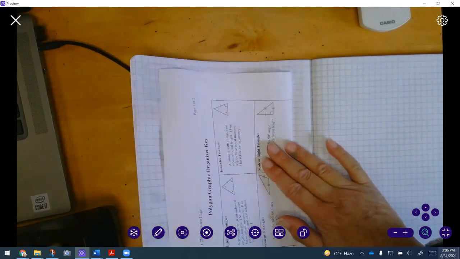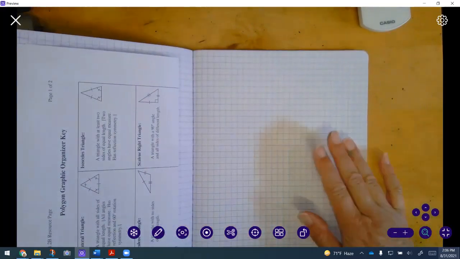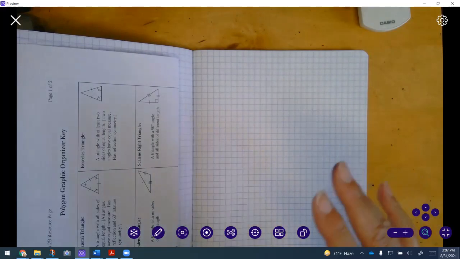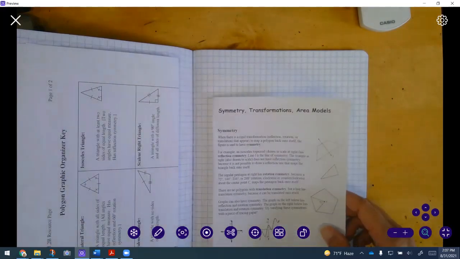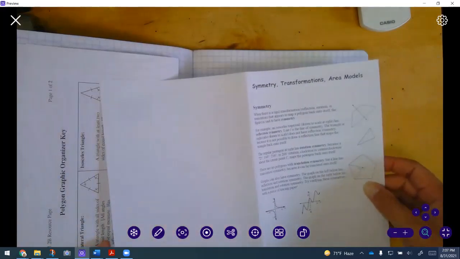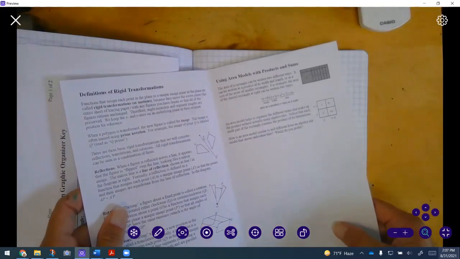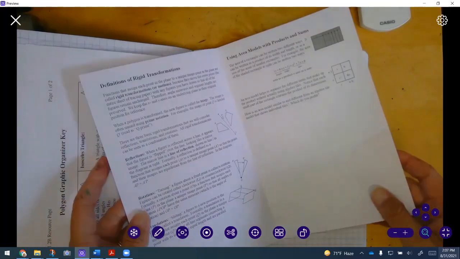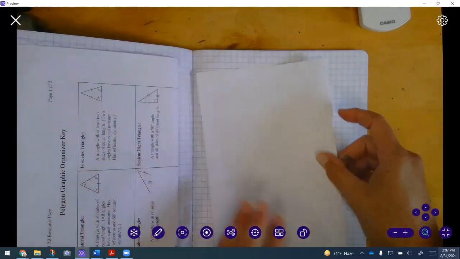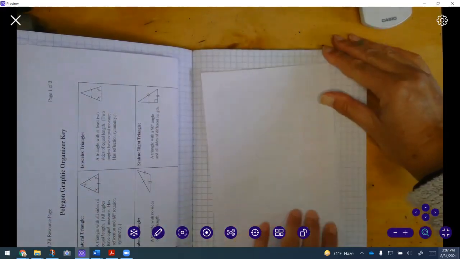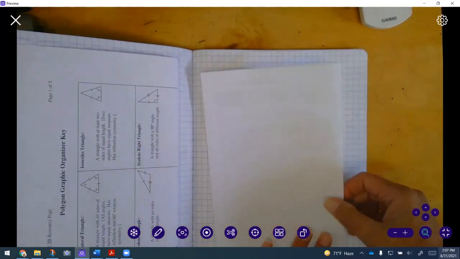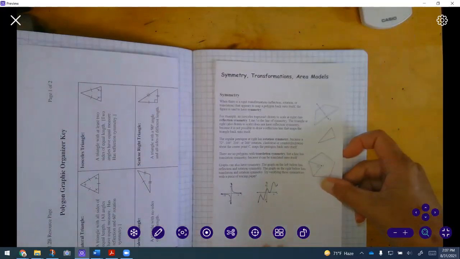Now, on this next page, I'm going to be putting the one that says symmetry transformations area. So if you open it up, one side has a part, the other one has stuff on both sides. We're going to fold that part in so that the back side is just white. And then I'm going to glue this with glue stick, and I'm going to put that right here.